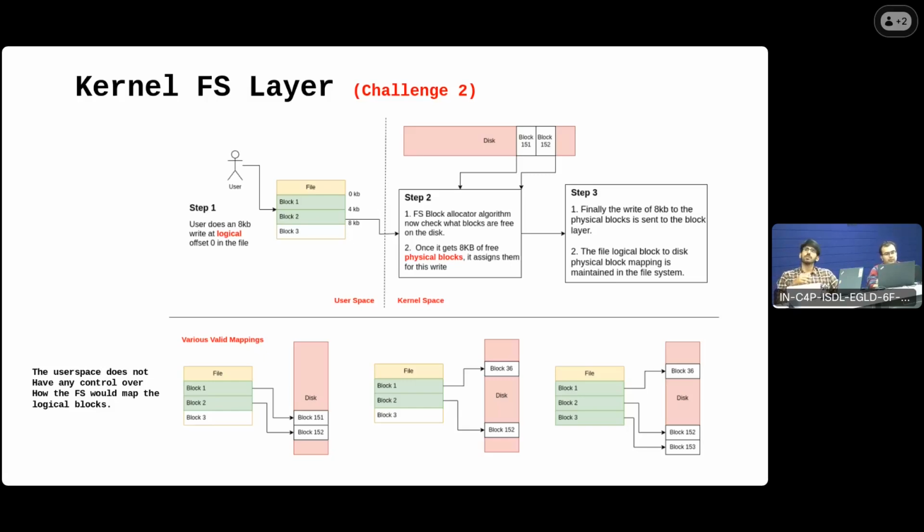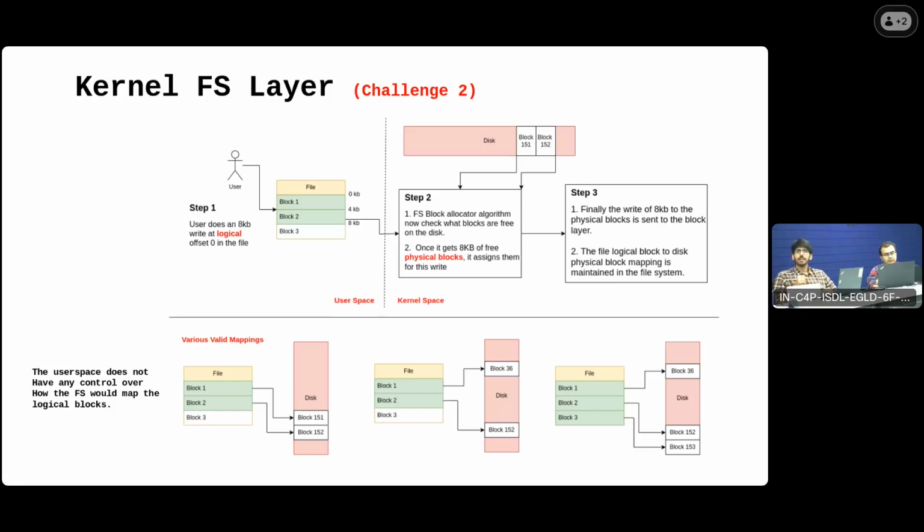Now this mapping of the file's 0 to 8 KB logical offset to blocks 151 and 152 on the disk, that is the physical offset as we call it, is maintained by the file system. That is one of the major roles of the file system, to maintain where each file's data sits on the disk.